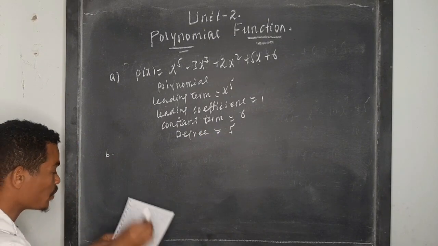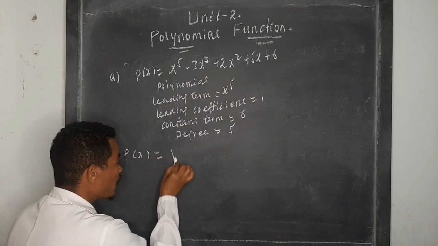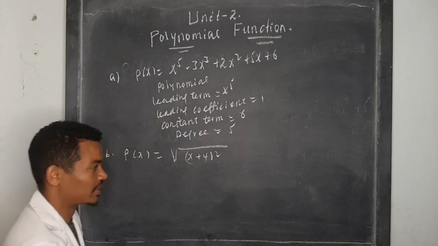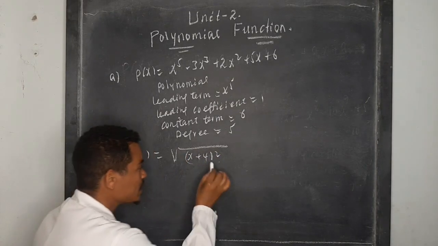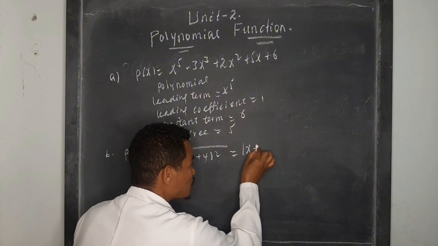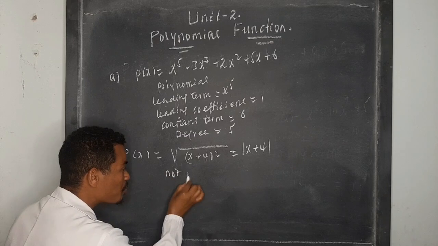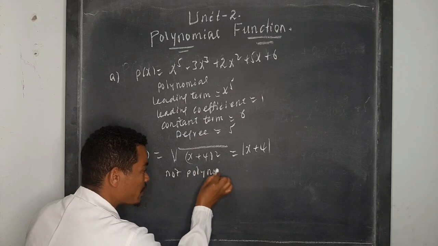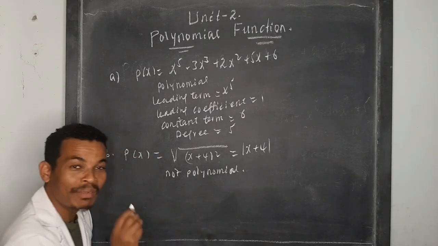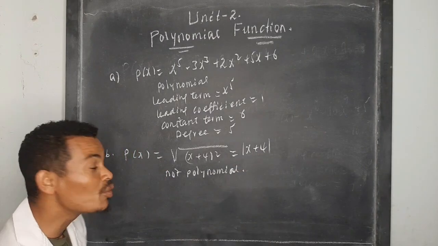For (b), p(x) = the square root of (x + 4) the whole squared. This is the same as the absolute value of x + 4, and this one is not a polynomial. Why? This is an absolute value function, and an absolute value function cannot be a polynomial.